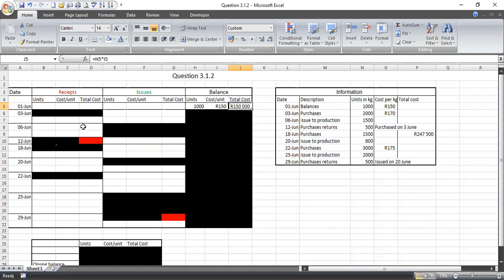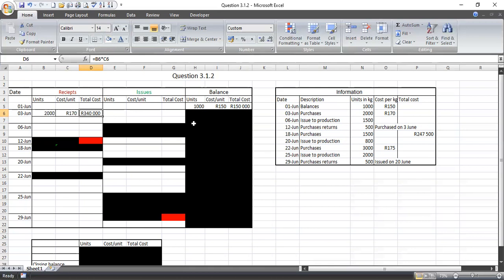As I've explained earlier in this video, all the purchases that take place will go under receipts. So under receipts, we'll have 2,000 units at a cost per unit of 170 and at a total cost of 340,000.